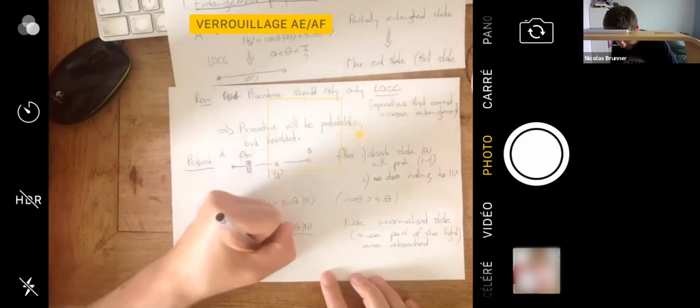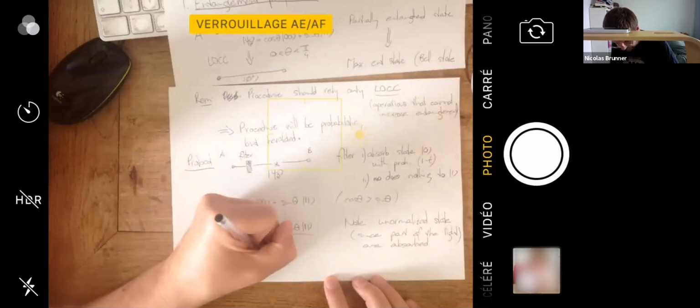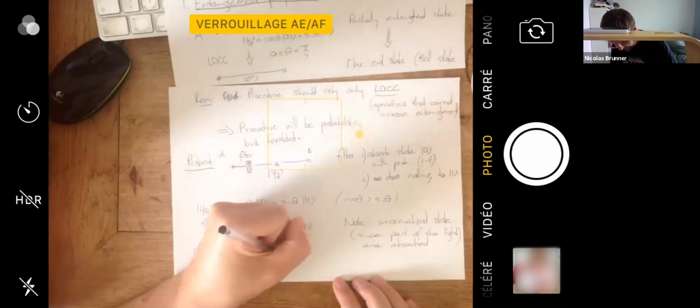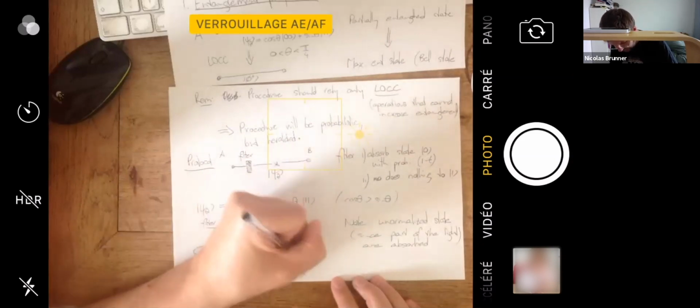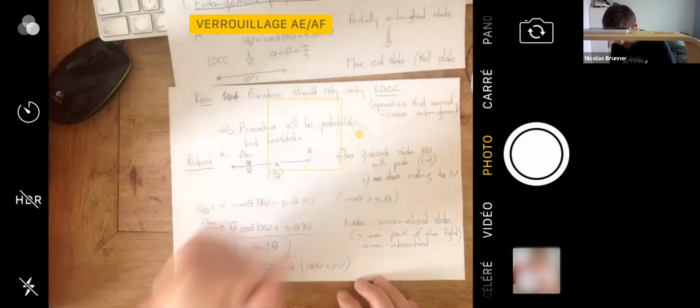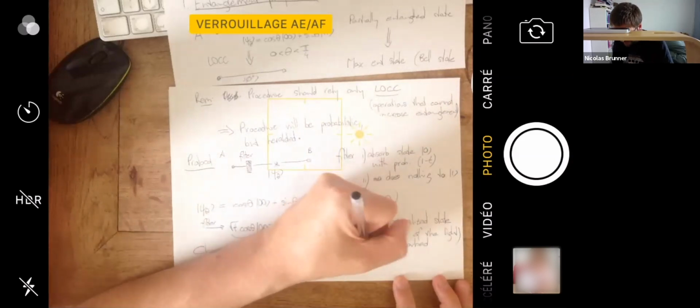This is equal, let's put it like this, to sine of theta times |00> plus |11>. Okay, and so therefore I have a Bell state.